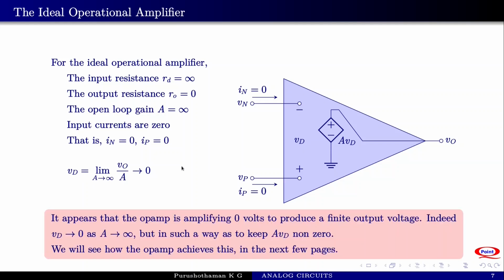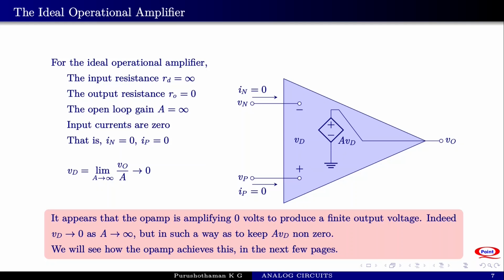So it appears that the operational amplifier is amplifying 0 volts to produce a finite output voltage. This is not true. Indeed, Vd tends to 0 as A tends to infinity, but in such a way as to keep A Vd non-zero. We will see how the op-amp achieves this in the next few pages.